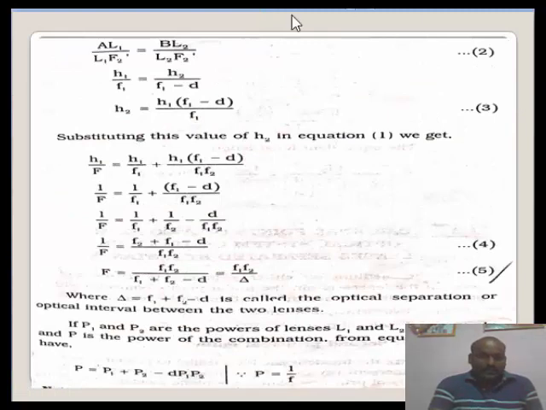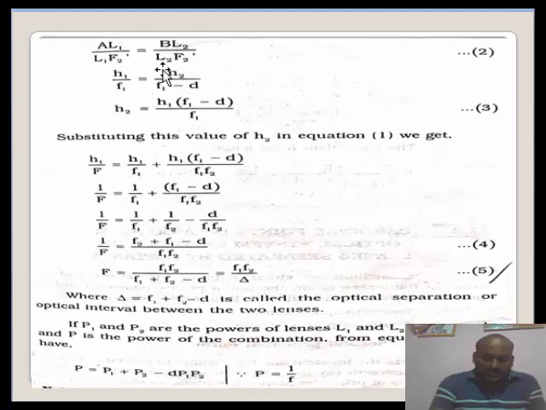For example, height AL1 divided by length L1F2' is equal to, in the second triangle, height BL2 divided by its length L2F2'. AL1 we take as height H1, divided by L1F2', which is the focal length F1, is equal to BL2, whose height is H2, divided by L2F2'.